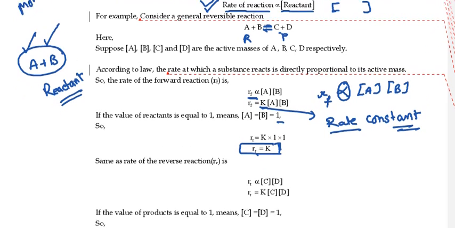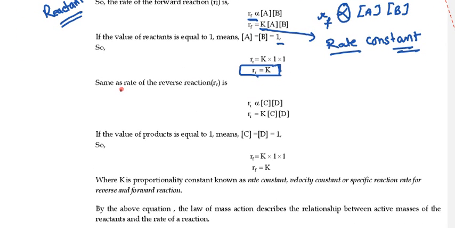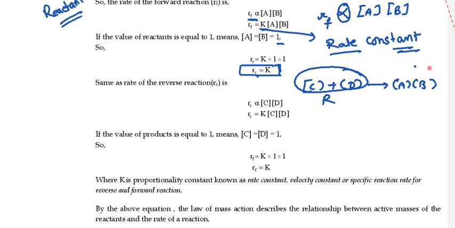Same as for the rate of reaction for the reverse reaction, in which the reaction moves like this: C and D are allowed to convert into A and B. Now C and D become your reactant part and A and B become your product.